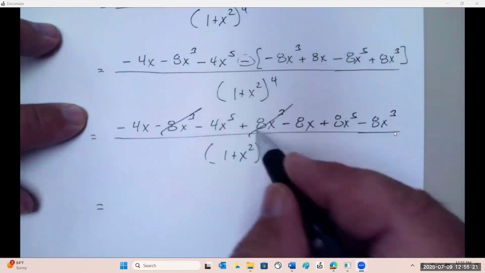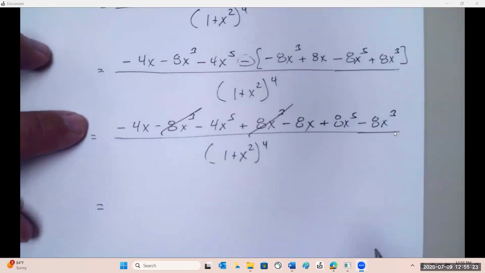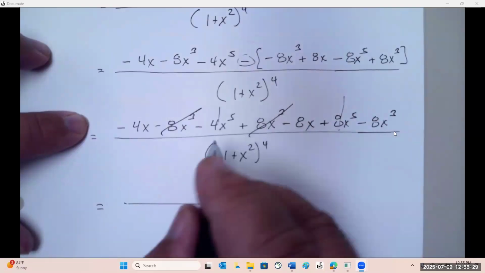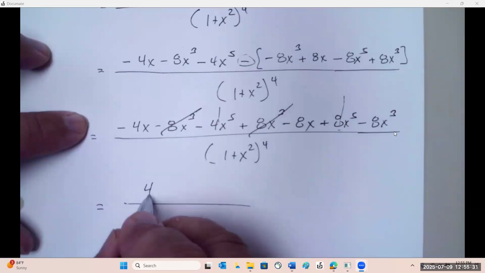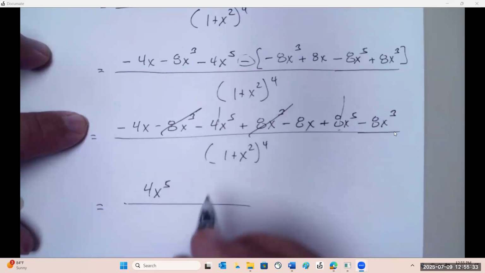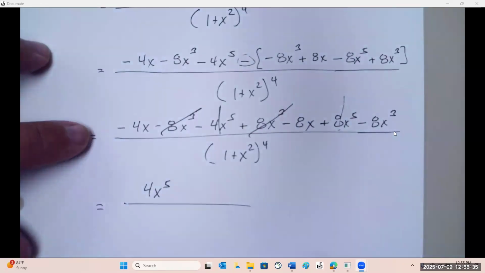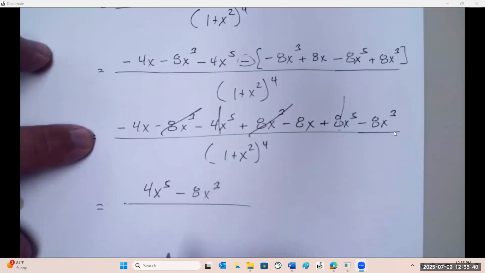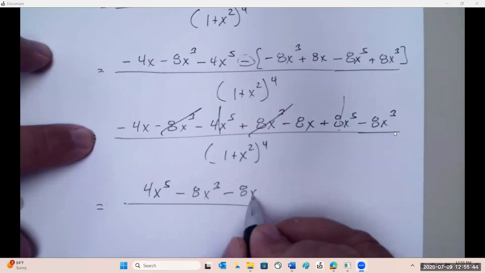Negative 8x cubed, positive 8x cubed cancel. 8x to the fifth minus 4x to the fifth is 4x to the fifth, minus 8x cubed, minus 8x.